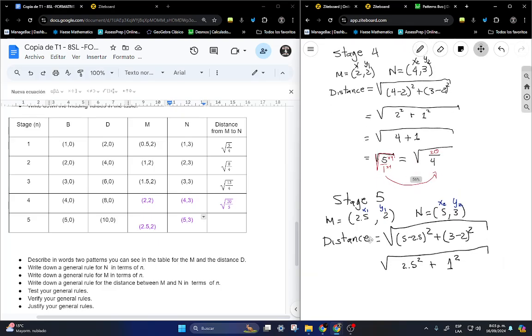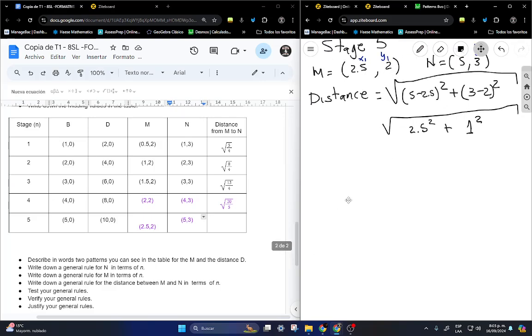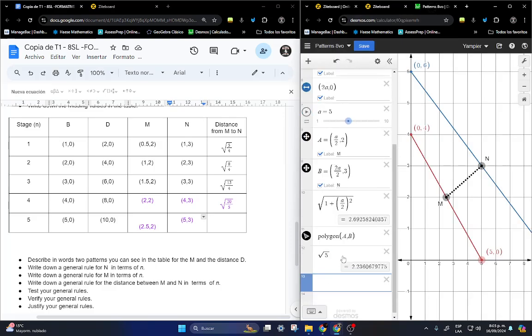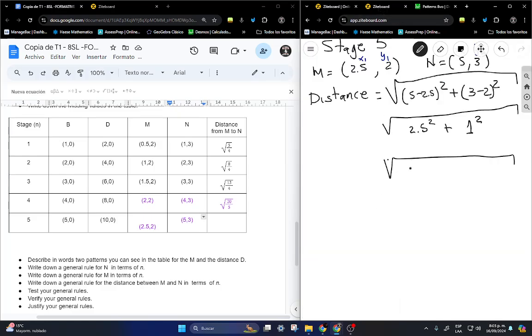Let's continue. So 2.5 squared, let's actually do it here in Desmos. 2.5 times 2.5. That's 2.5 squared, which is 6.25. 6.25 plus 1 times 1, which is 1.